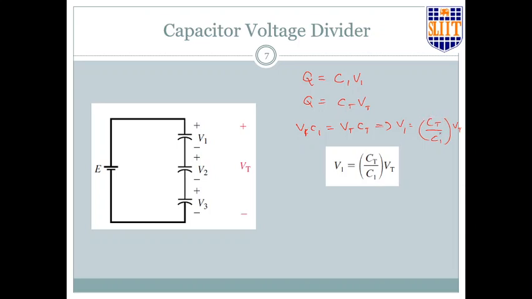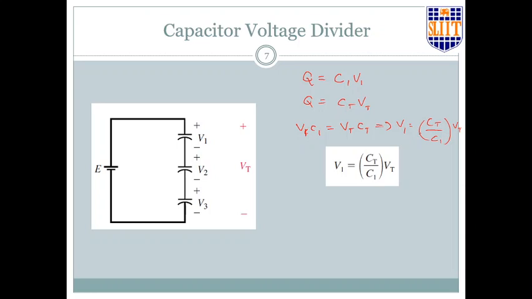Now previously we had this resistor voltage divider, where when we wanted to find V1, what we had on the top was R1, and what you had on the bottom was the total resistance. But in this case, for the capacitor voltage divider, you get the total capacitance on the top, and the particular capacitor across which we are taking V1 or V out at the bottom, at the denominator.